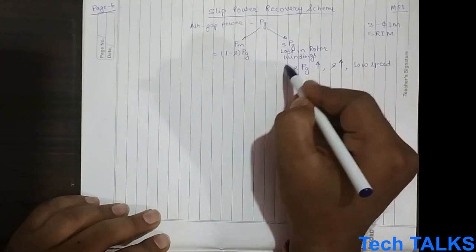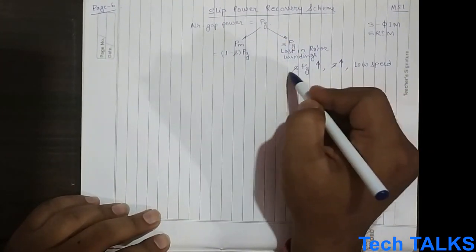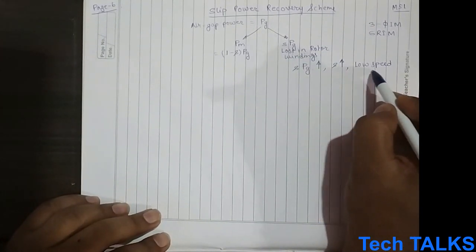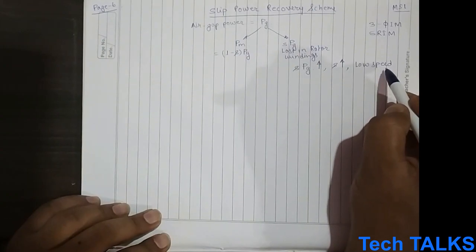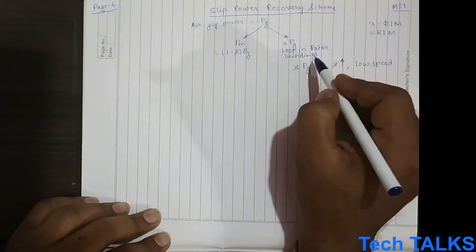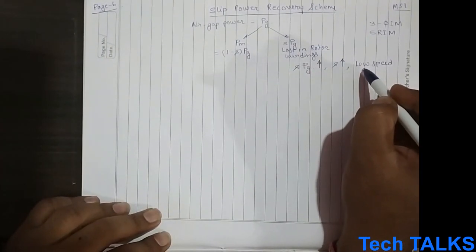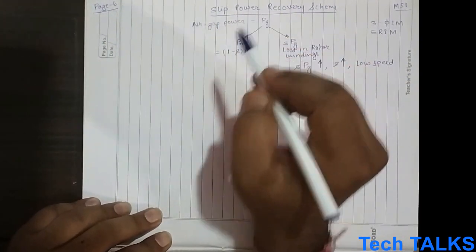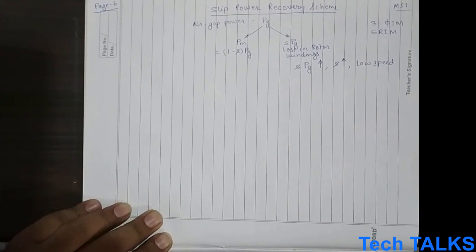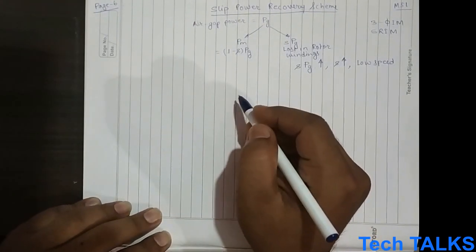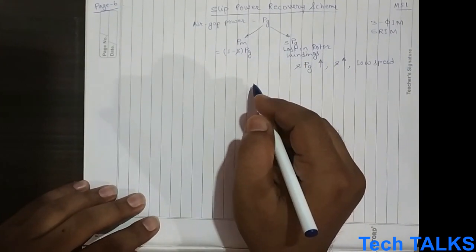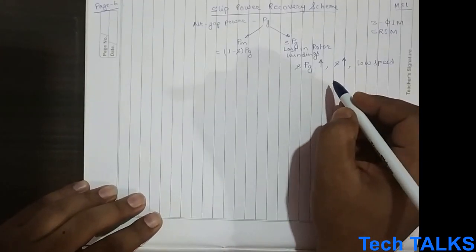This slip power loss is important because at low speed it is highly significant, and we will see how we could feed this slip power back to the grid so that much reduction in power loss happens.